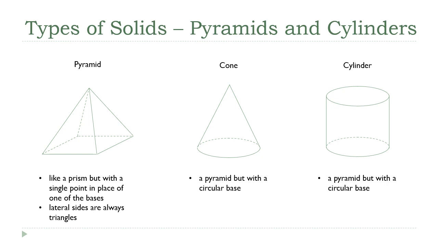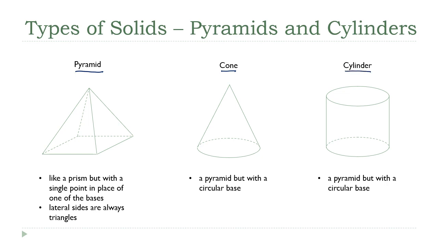So if we take a prism and we shrink one of the bases down to a single point, that's what we mean by a pyramid. And if you take that pyramid and you change its base from a polygon to a circle, then you get what we call a cone. And if you go back to that prism and make both of the bases circles, then you get what we call a cylinder.